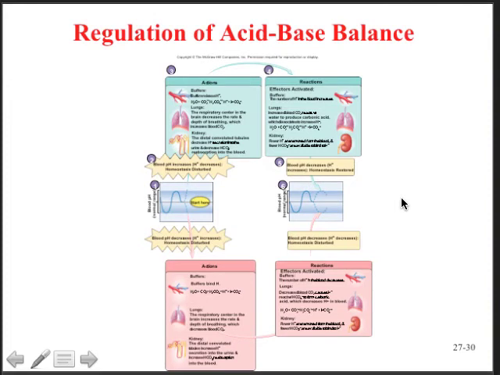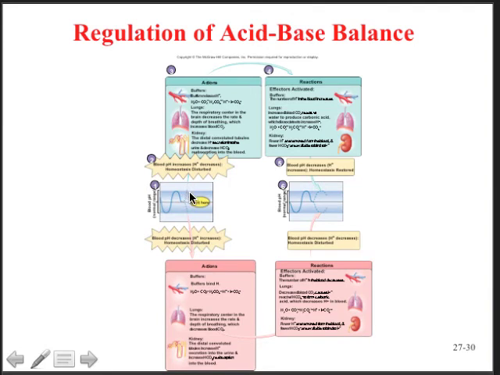So what you're looking at here is just an example of how acid-base balance is accomplished in the body. If we take a look at a change in pH, here what we're seeing is that the blood pH increases, so the proton concentration decreases. How do we bring the pH back down?